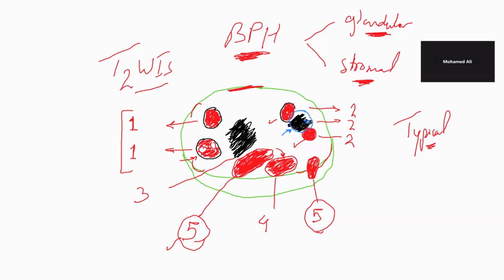Any ill-defined patchy area or charcoal area, as you can see here, take care of this point. Any mass-like lesion, lentiform, non-capsulated mass, different from the nodules of benign prostatic hyperplasia, as you can see here. All of these features you can keep in your mind and review the other sequences as we will see together in the next slides.